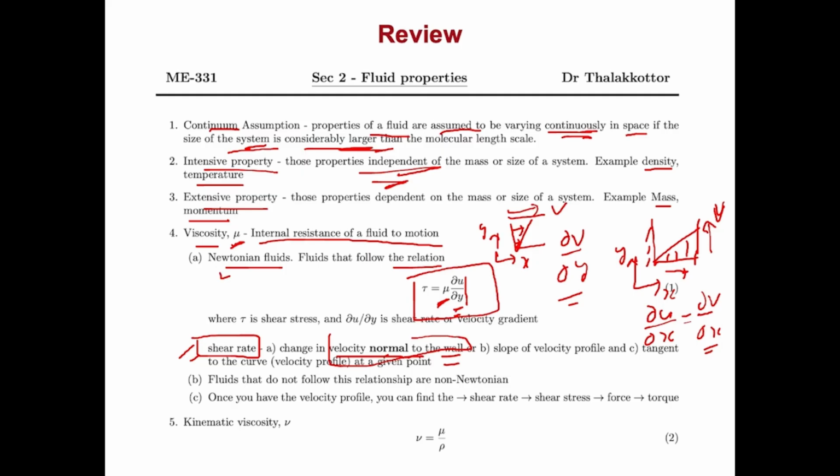In general, you can say shear stress is viscosity times du dn, where n stands for the normal direction. Okay, so shear rate is nothing but the change in velocity in the normal direction, which is the same as the slope of the velocity profile, right?